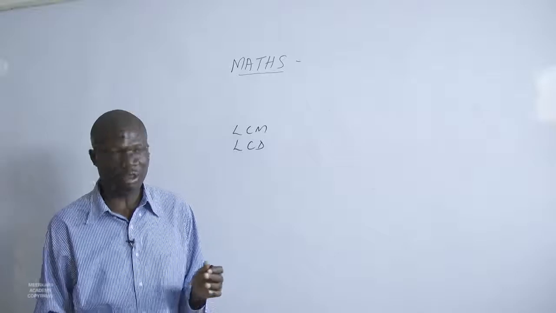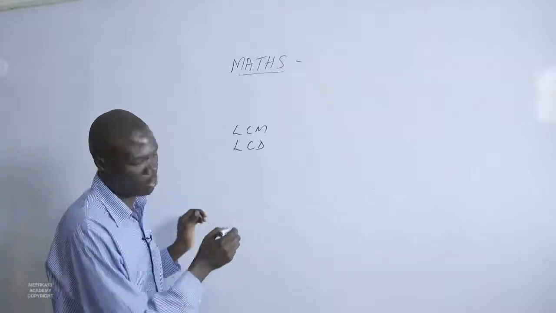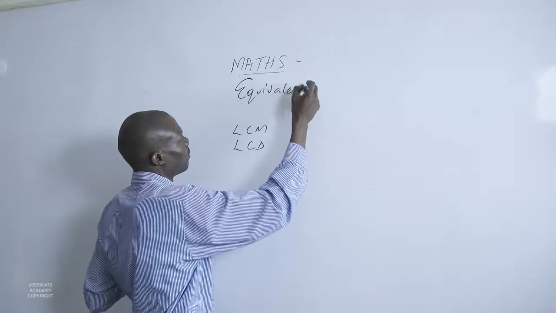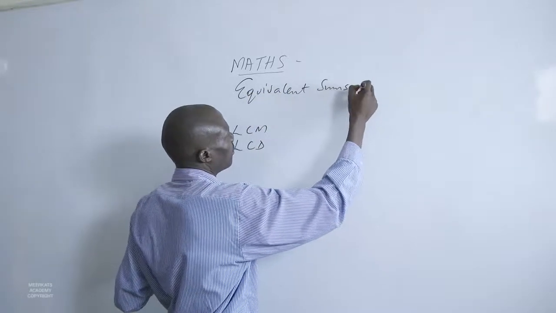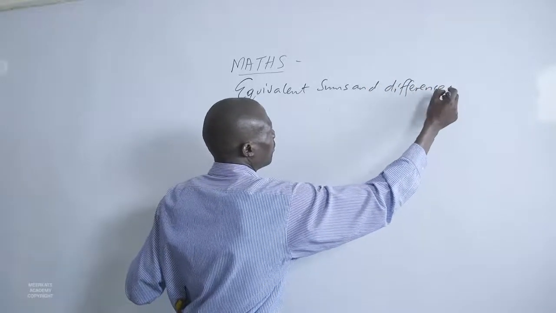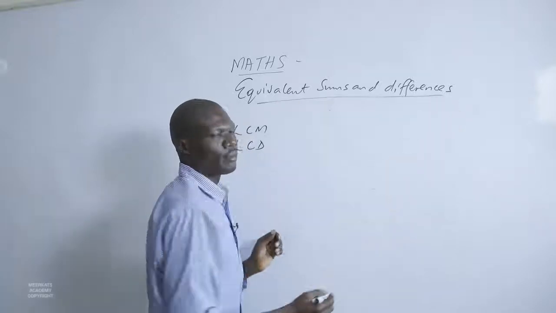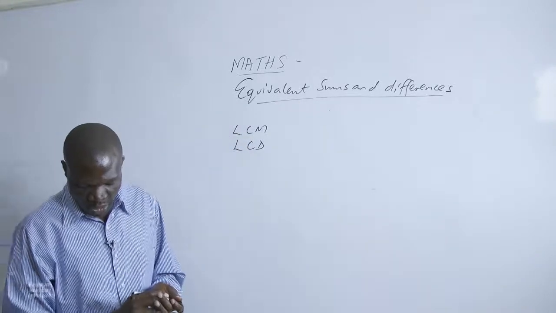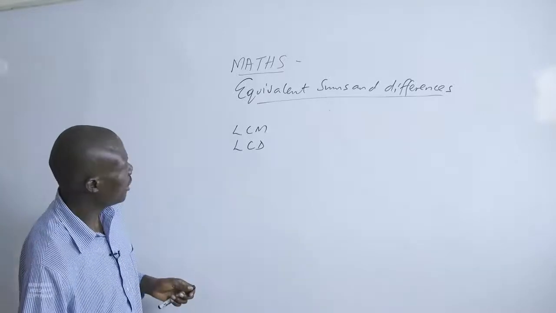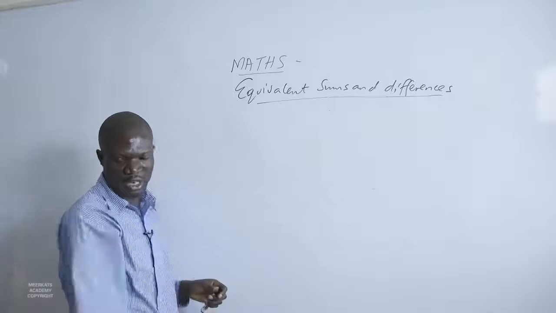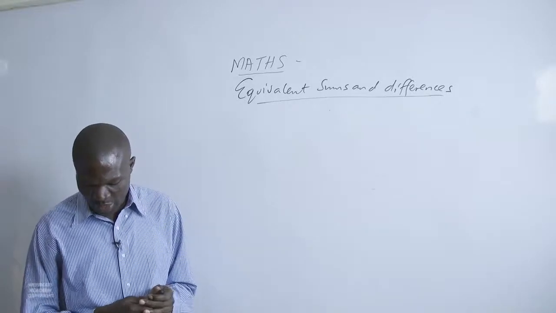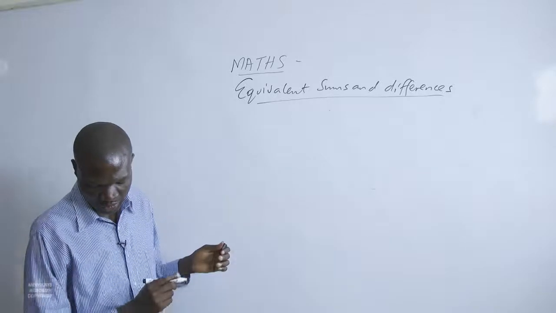I'm talking of equivalent sums and equivalent differences. This is simply a combination where you are asked to write a series of fractions as one algebraic fraction. Look at this.